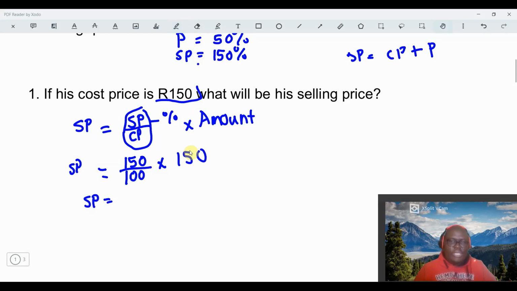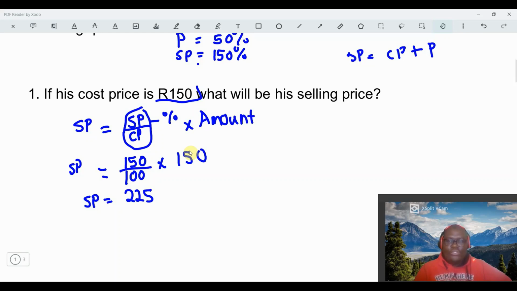You can just do it in your calculator and give the straight answer. So if you check 150 over 100 multiplied by 150 is 225. So this means our selling price is 225. Okay, but you can sometimes decide to go about this in a different way.